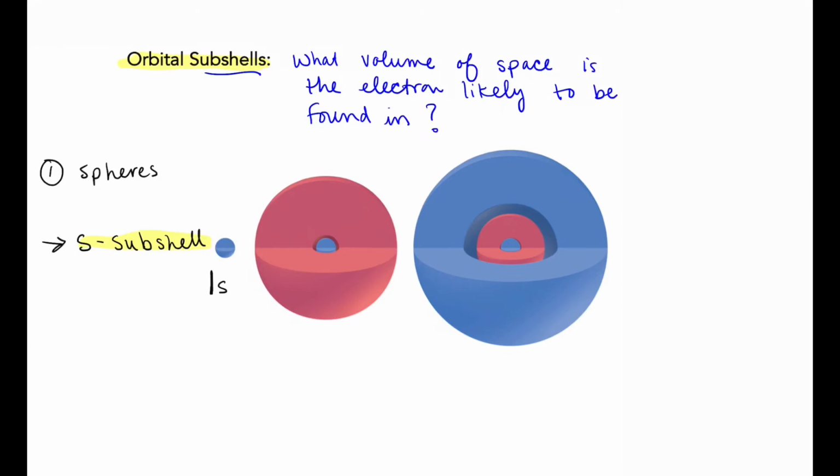So then if I get a little bit further from the nucleus, this is a bigger sphere. This would be like the 2s, this red part, right here. 2s is the red, so it would say, well, the electron probably is a little bit further from the nucleus, not near the middle. It's further from the nucleus, but it's still a sphere that it's probably in.